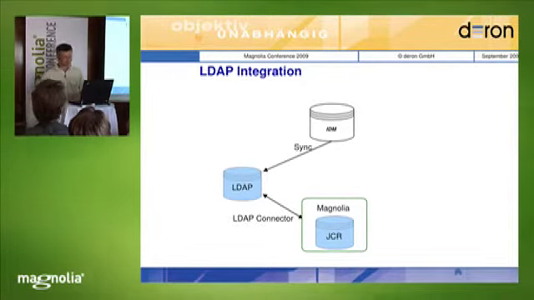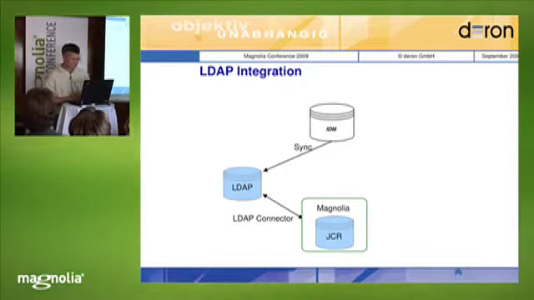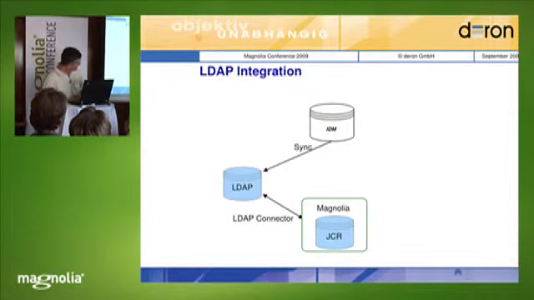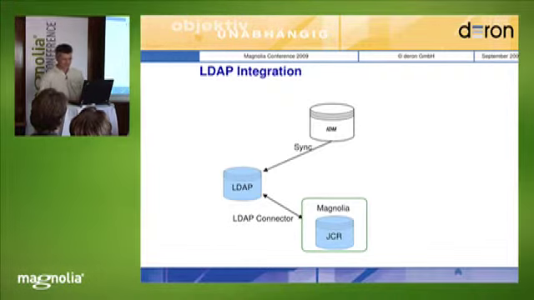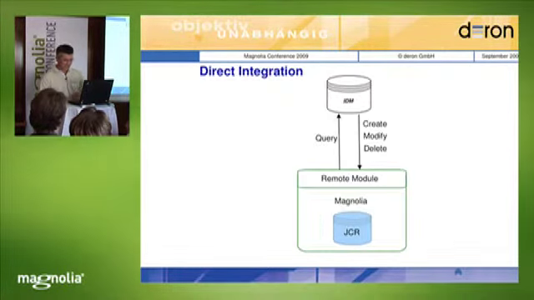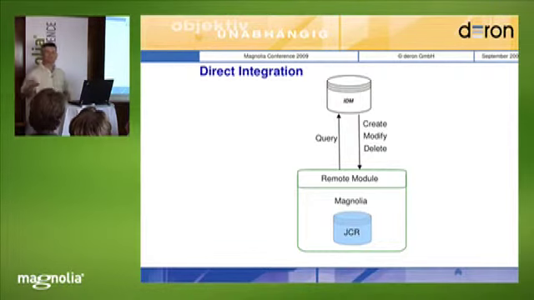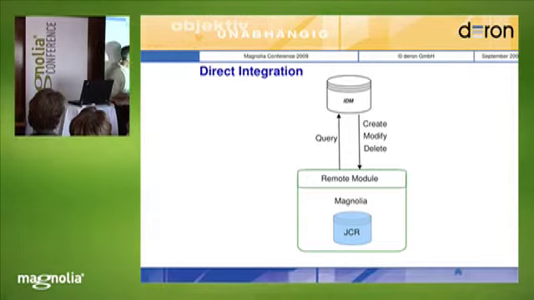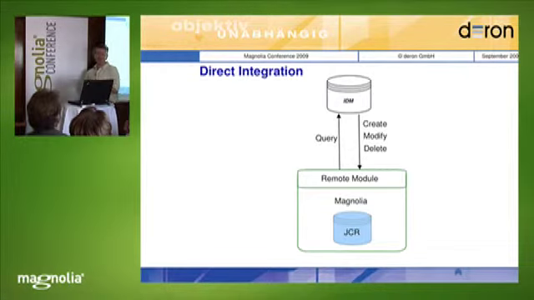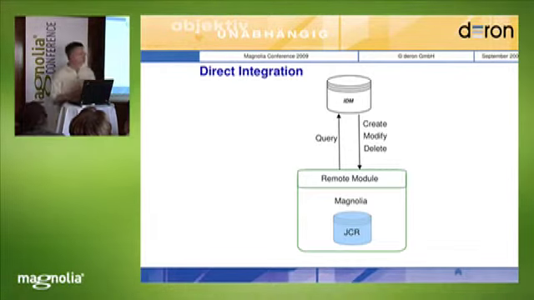Okay. But the next question is, maybe we can have a direct integration, because I like this. And the idea is here, and this is what I want to show you, I just want to show you in the demonstration a very simple remote module.